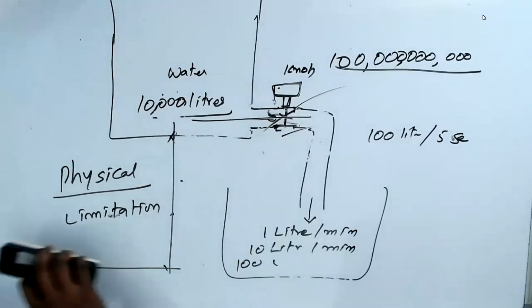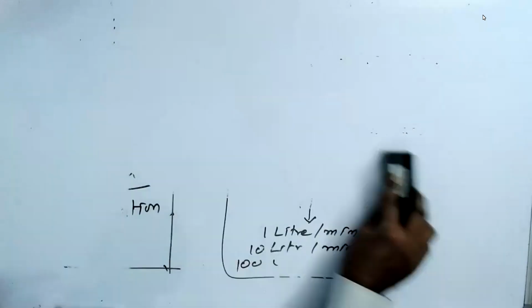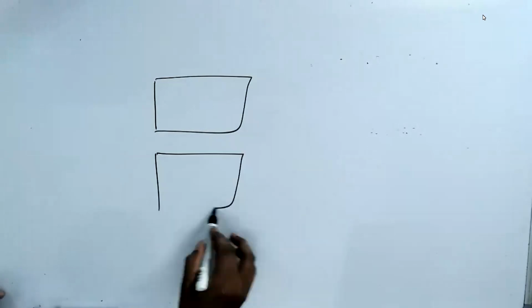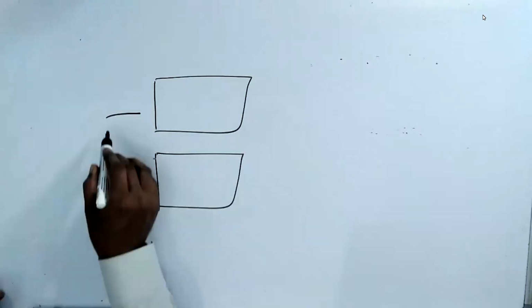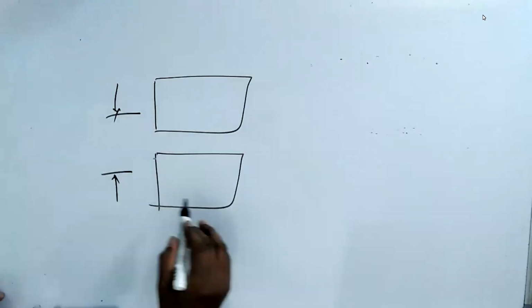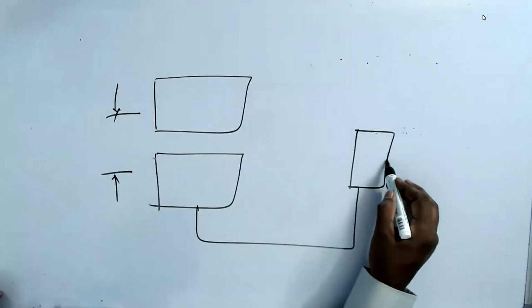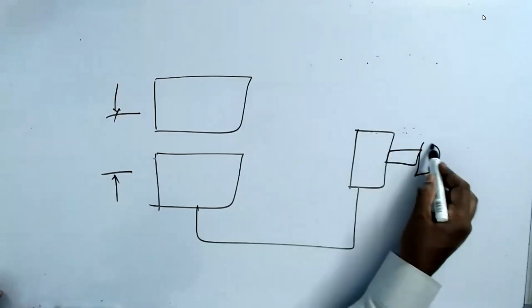What is happening here is the same thing. I have two materials, and there's a potential difference. And here they have a knob which controls the flow.